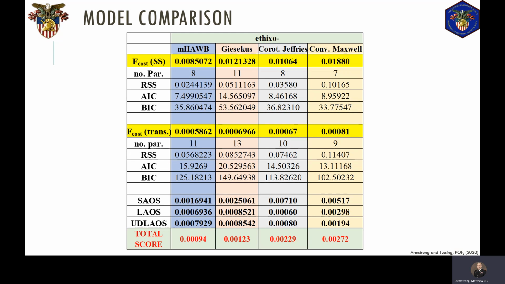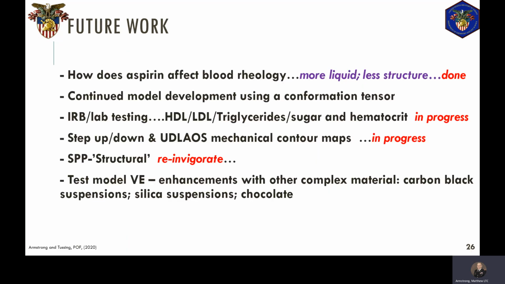Bottom line up front, mHAWB outperformed everything, and it had somewhere in the middle for the number of parameters. At the very bottom, we show the average values of the cost function for the small amplitude, large amplitude, and UD-LAOS experiments. And then we roll it up ultimately with a total score, which is showing us that mHAWB came in first and Giesekus was second.